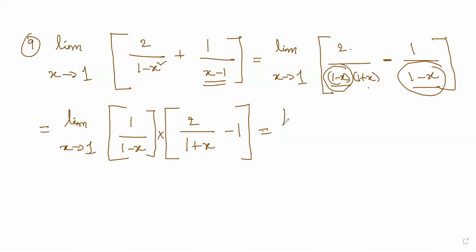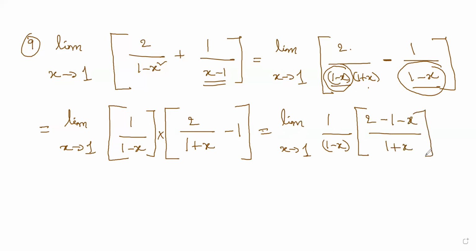So we will take the limit x tends to 1, 1 by 1 minus x over here, and you can take the LCM: 2 minus 1 minus x whole divided by 1 plus x is what is left. Now we have limit x tends to 1.